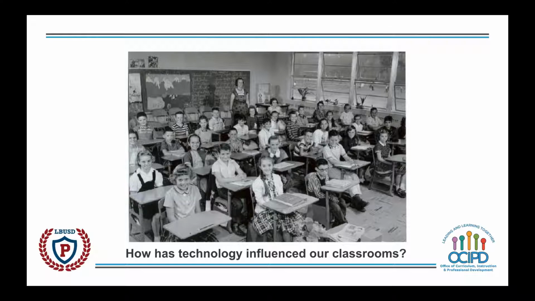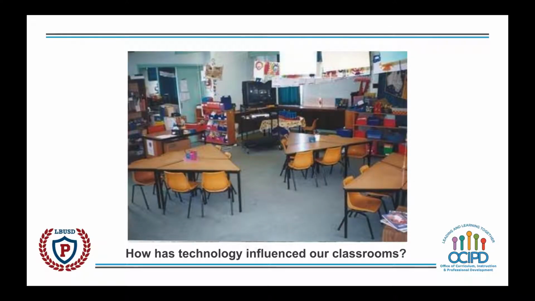As we go on to the second picture, this is a more recent one. We've gone away from the rows; you can see there are groupings. There's technology there with that TV. I actually had a TV that big in my class, and my biggest worry was that it was going to fall on a student. It never did, which was good. But now there's already a shift.